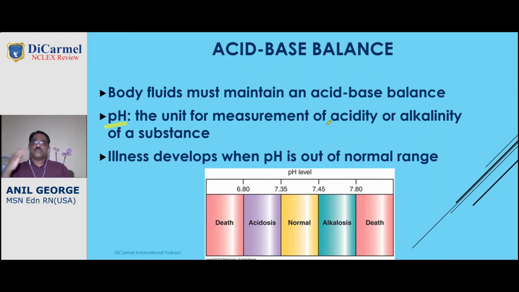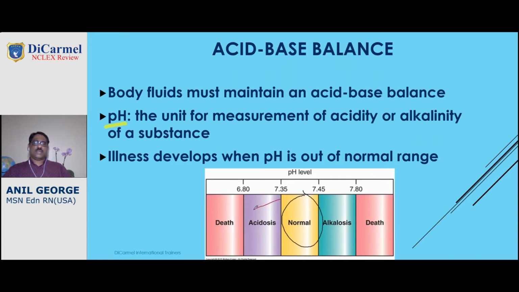Eventually we're going to focus on blood itself, which is the major indicator of our acid-base status. If it goes out of range, we know what can possibly happen. So let's look into this image. As we can see, the pH has a normal range, which is 7.35 to 7.45.